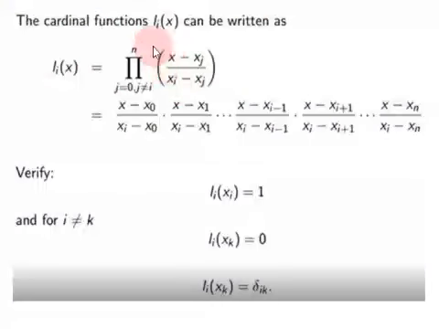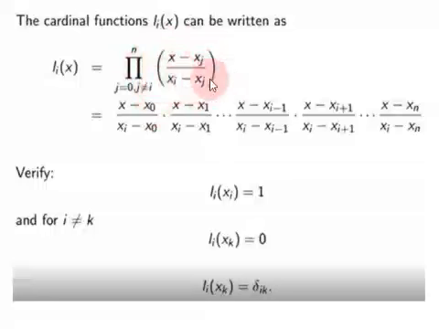We consider these factors: in the numerator we have x minus x sub j, and in the denominator we have x sub i minus x sub j.